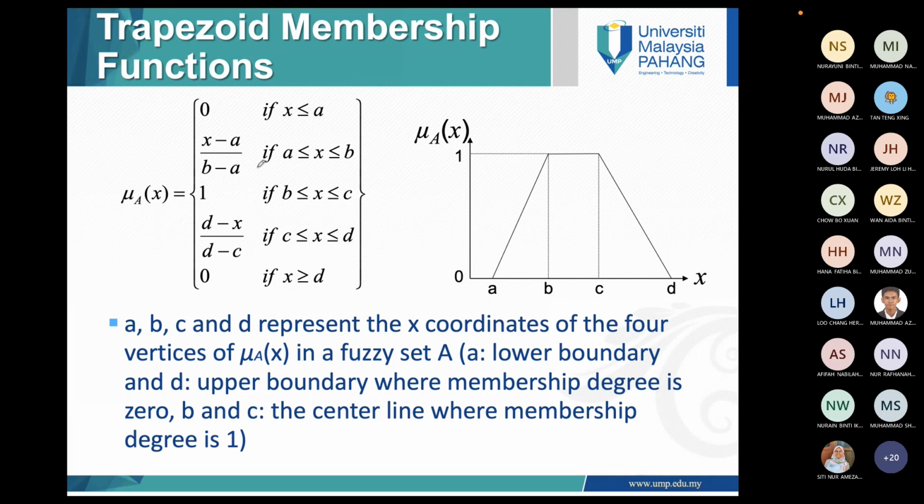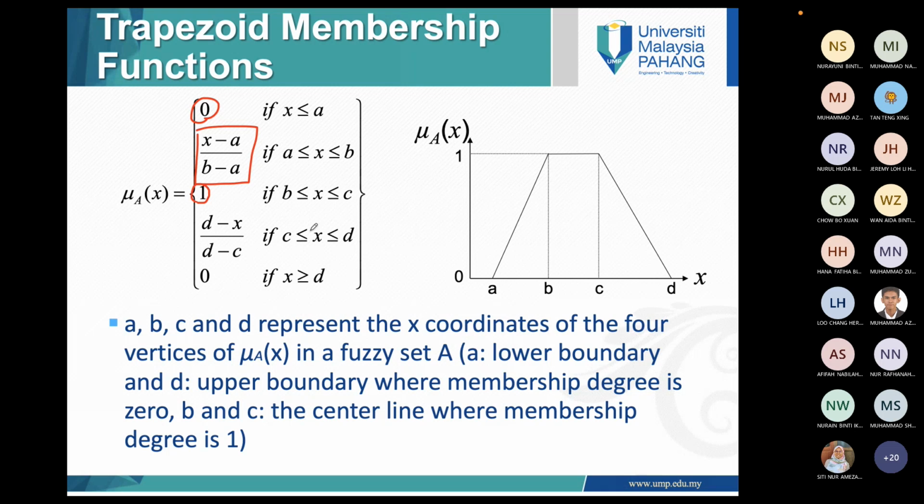And for trapezoid it is different. This is the trapezoid membership function. If x is less than or equal to A, it will be 0. If x is greater than or equal to A and less than or equal to B, you use this formula: x minus A over B minus A. If x is greater than B and less than C, it will be equal to 1.